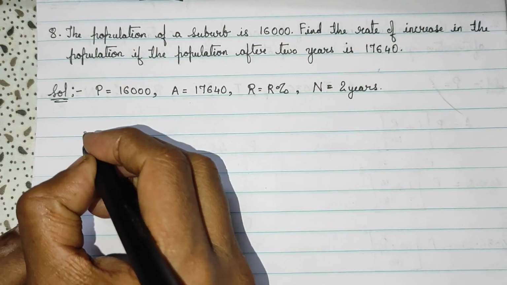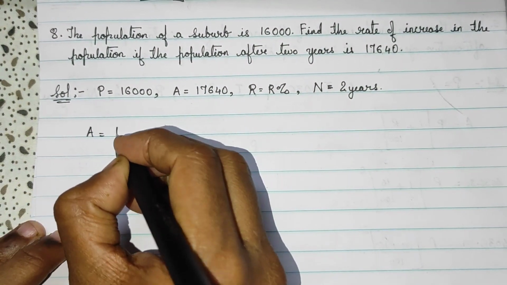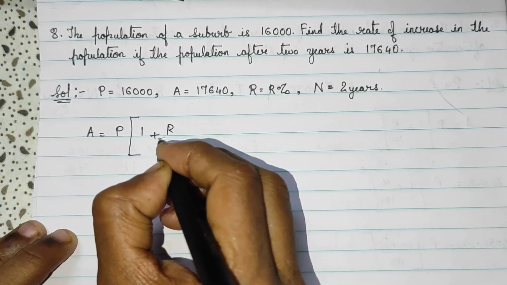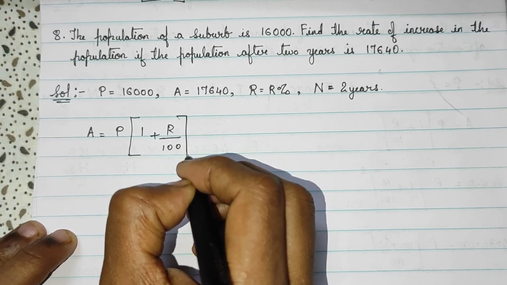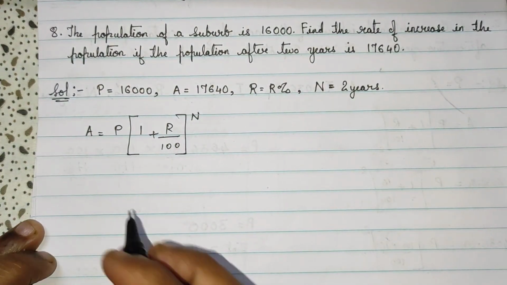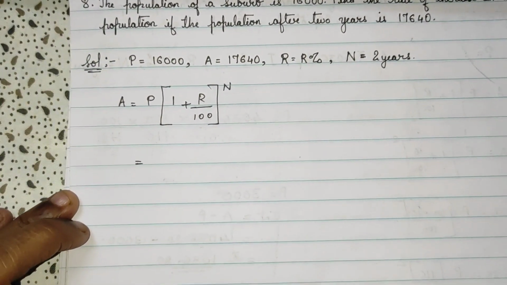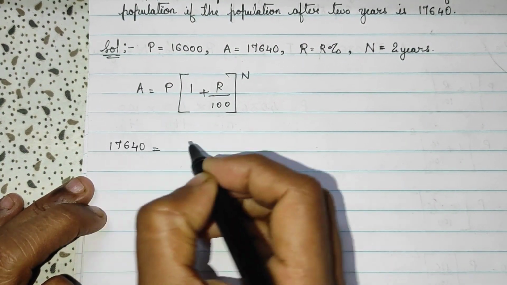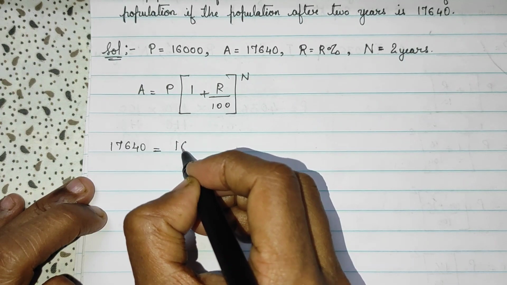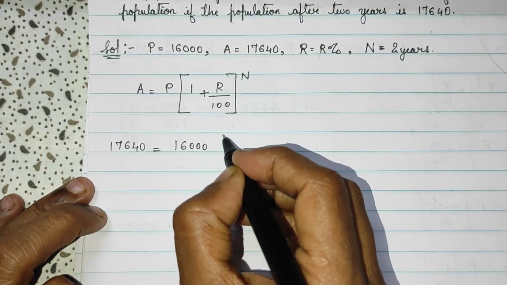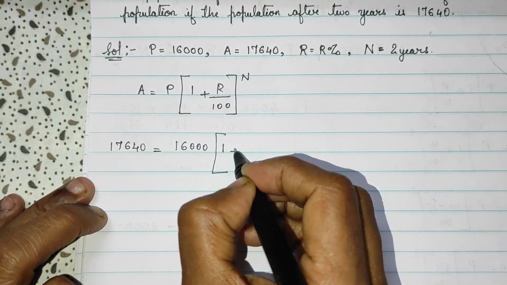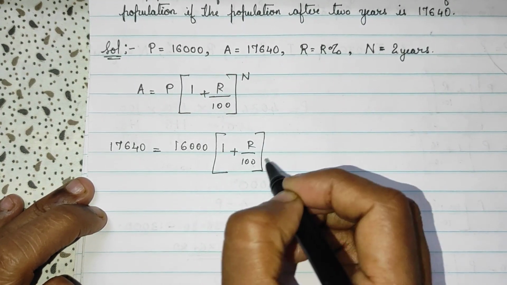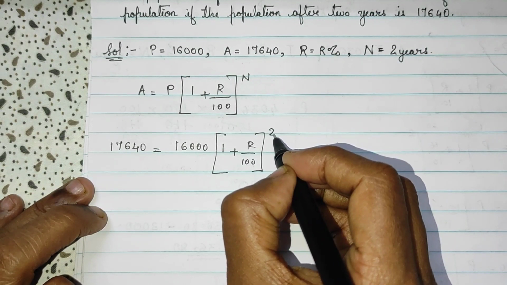So according to the formula, amount is equal to principal into (1 plus r upon 100) raised to n. The amount we already have, 17,640, and the principal is 16,000, and 1 plus the rate, which we do not have, upon 100, raised to 2.